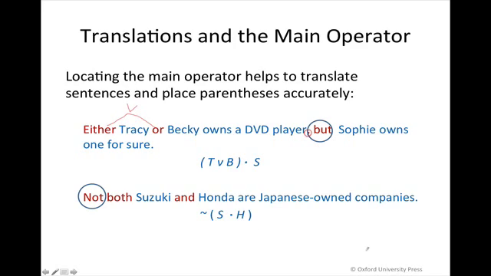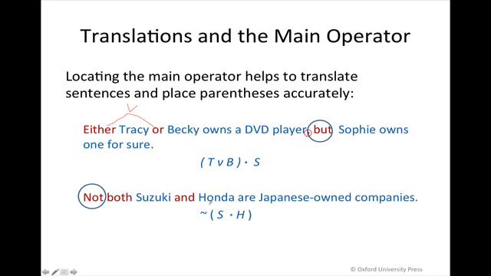And then secondly, an either-or sentence means that you've got Tracy or Becky with respect to owning a DVD player. What we don't have is a situation in which we're saying either Tracy owns a DVD player or Becky does, but Sophie owns one for sure, right? We don't have that rhythm to the sentence.